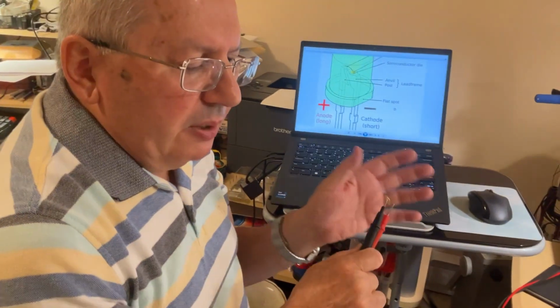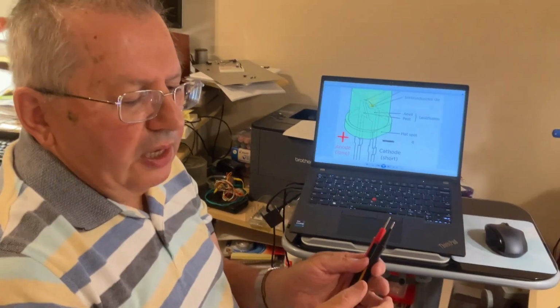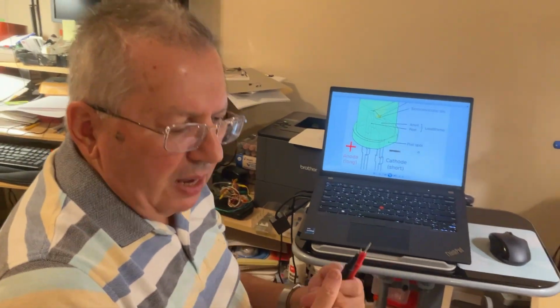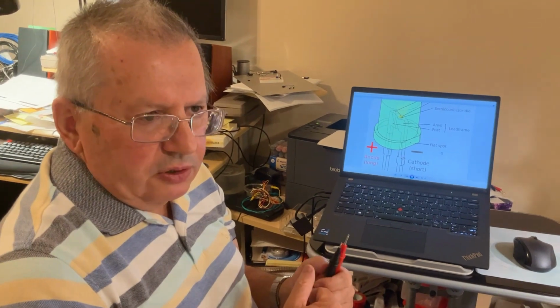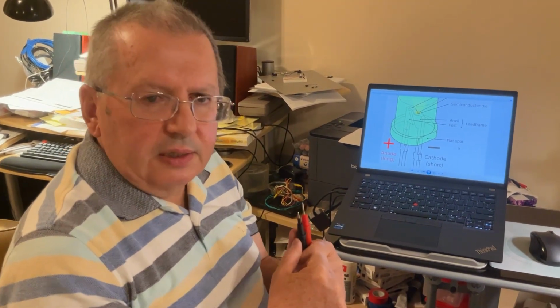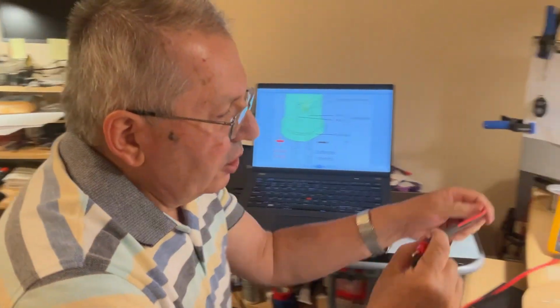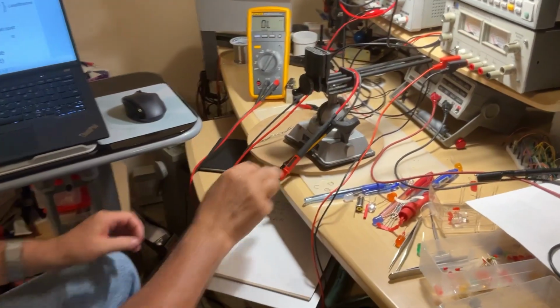Older meters are better, because 20, 30 years ago, the manufacturers wouldn't care much about the consumption from the battery. And the best meters, if you want, are 2 of them. Either the old ones with a needle or the bench multimeters. With the bench multimeters, you should have no problems to identify.